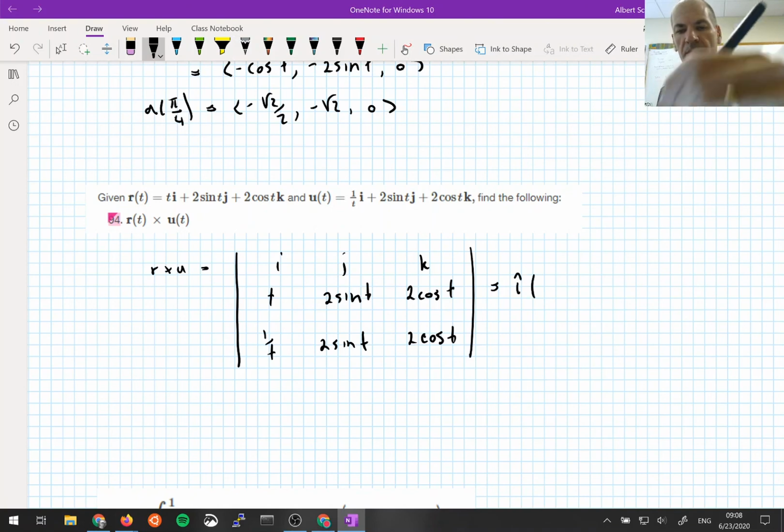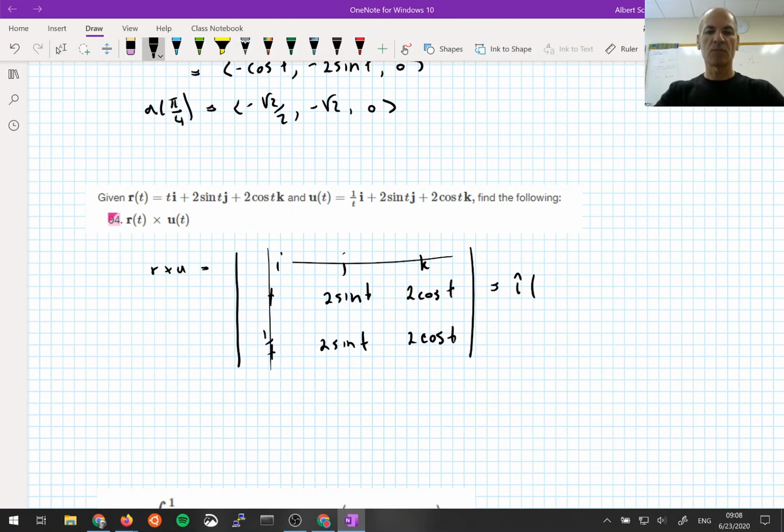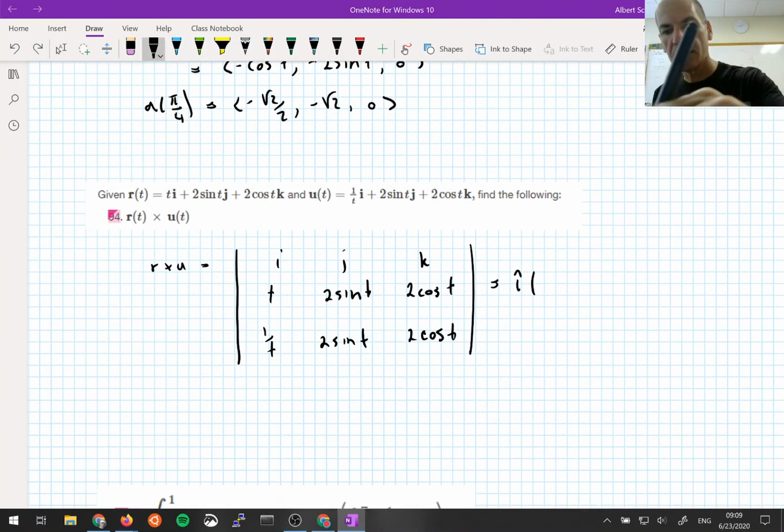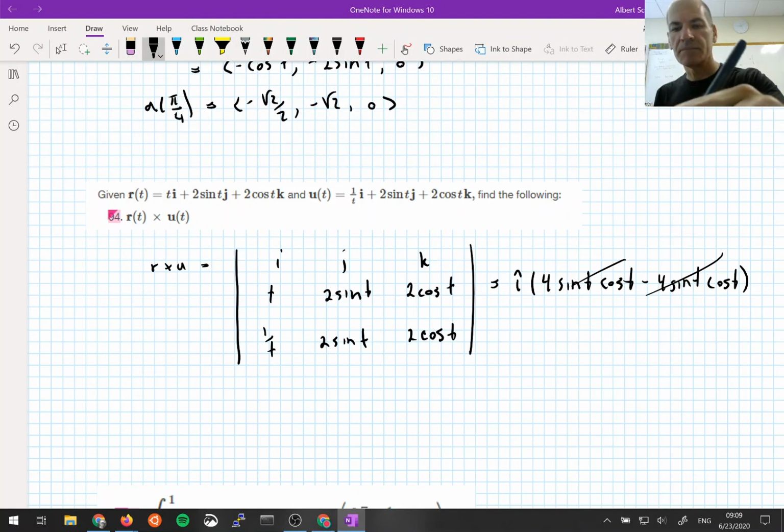You take the i component times, all right, we're going to blot out this row and this column and do this little 2 by 2 determinant. So that's 2 sine t times 2 cosine t, 4 sine t cosine t minus 4 sine t cosine t, which is just 0, minus j times the quantity.